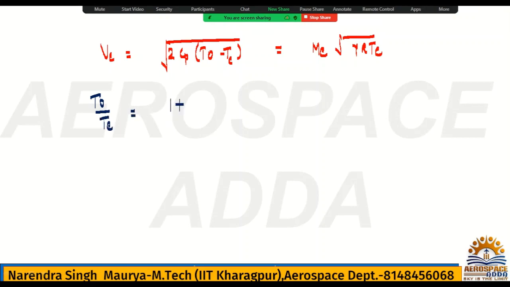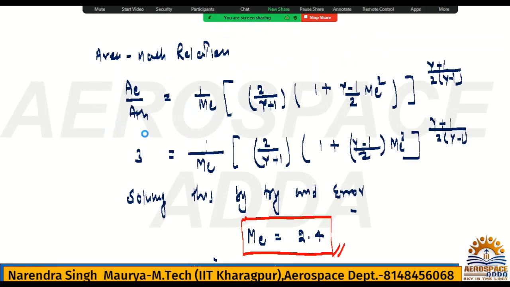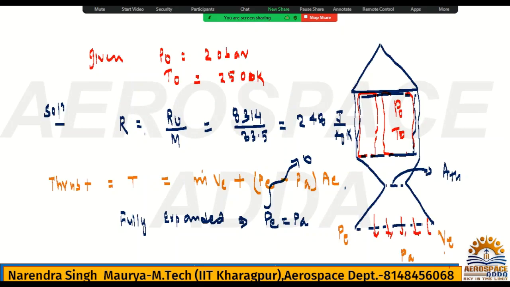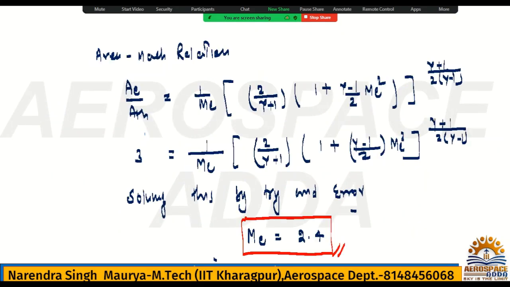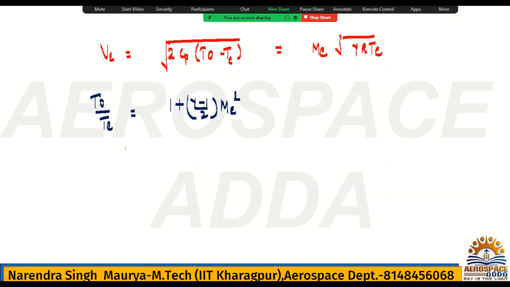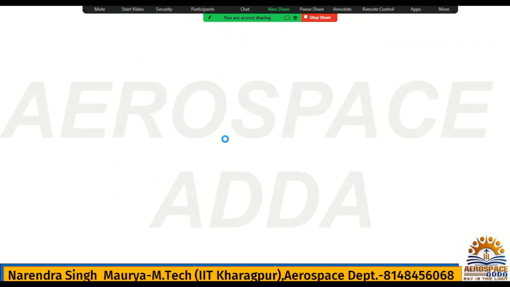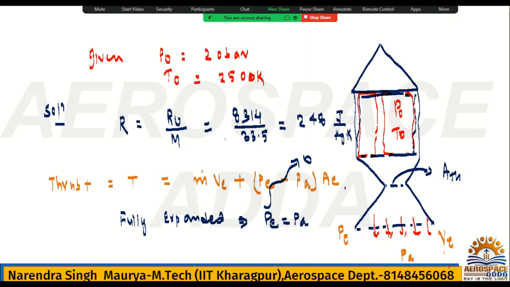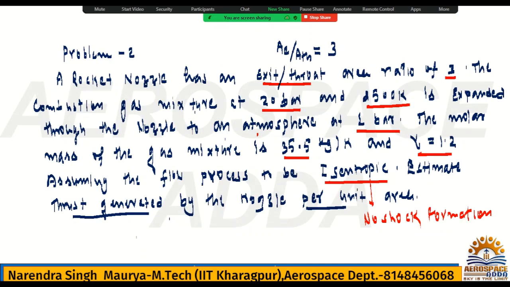It is nothing but 1 plus gamma minus 1 by 2 ME square, and T naught is given as 2500 Kelvin. Check, 2500 Kelvin is given. So 2500 Kelvin by TE is equal to 1 plus gamma minus 1 by 2 ME square. What is the gamma value? It is 1.2, given in the problem itself.